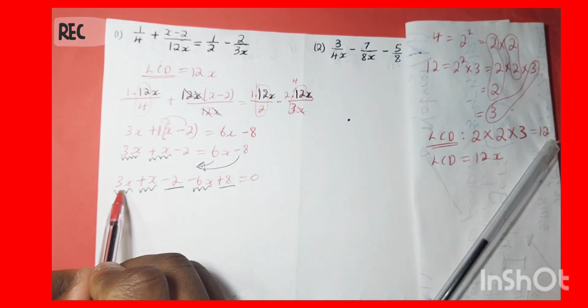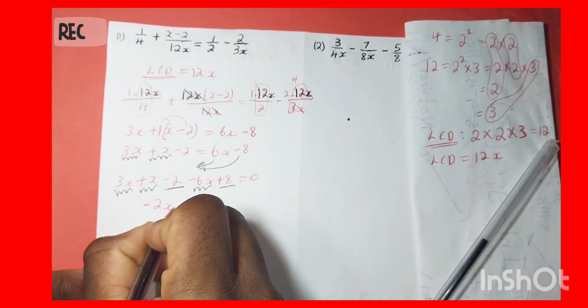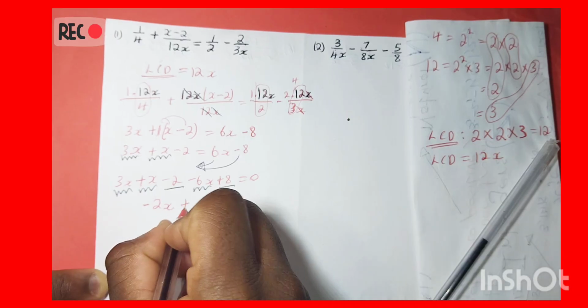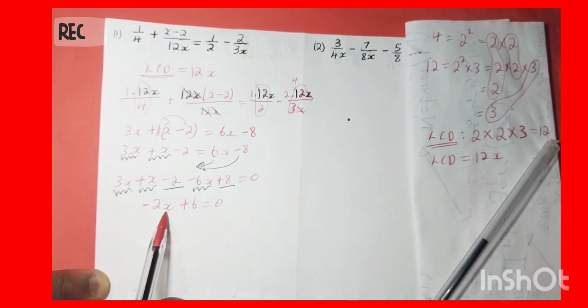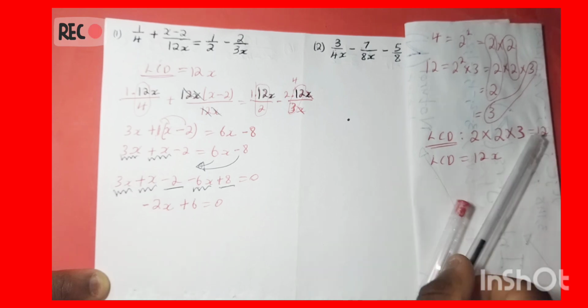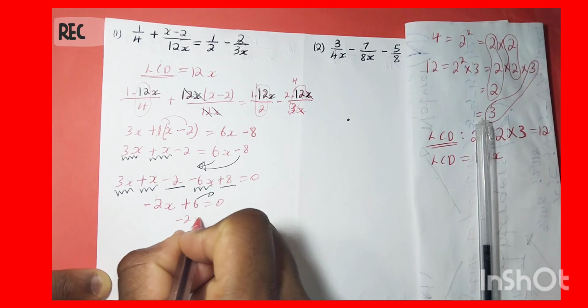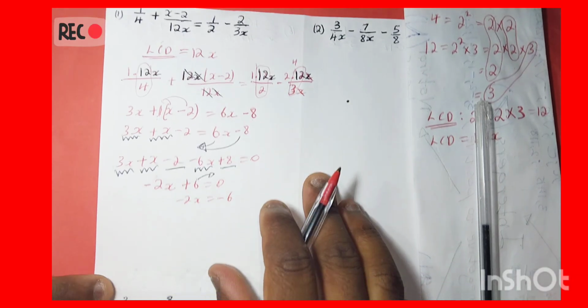So if I press this and that on a calculator, I'm supposed to get negative 2x. This and that will give me positive 6, equals 0. So now I can solve for x, try to make x alone by taking that 6 to the other side, which will become negative, and the 0 there will disappear.